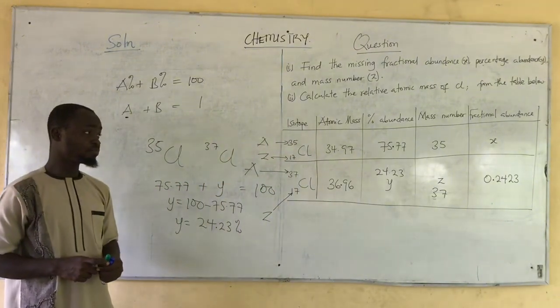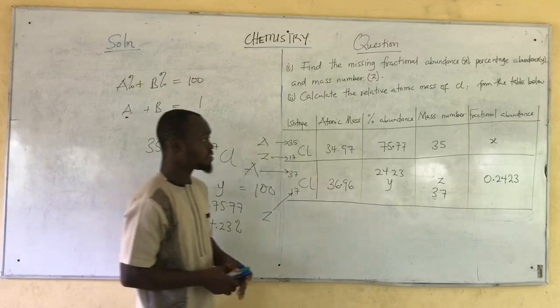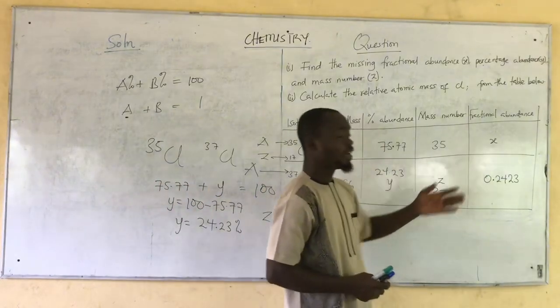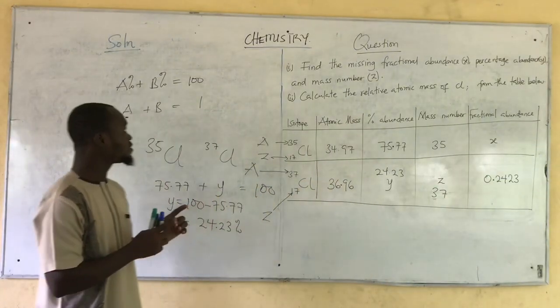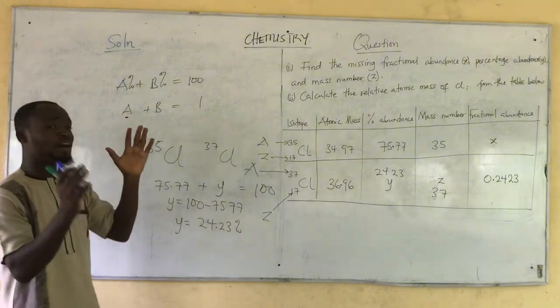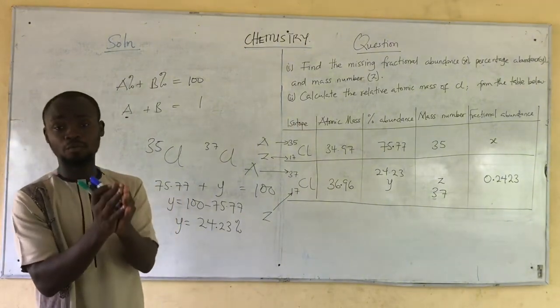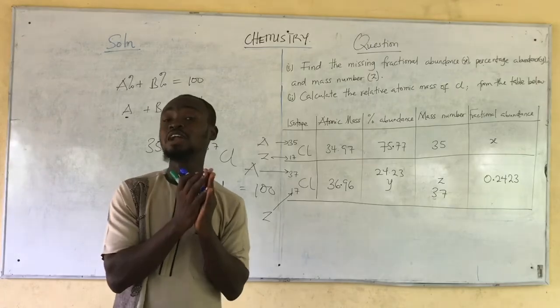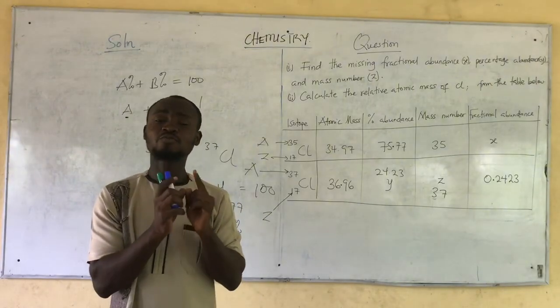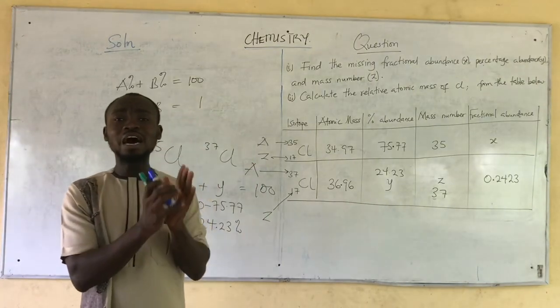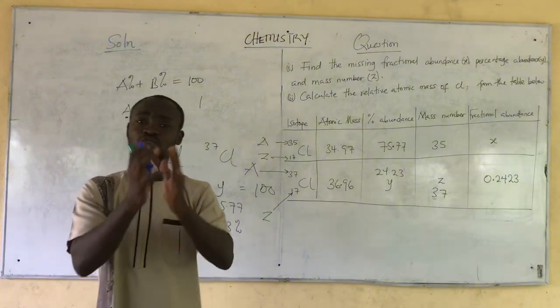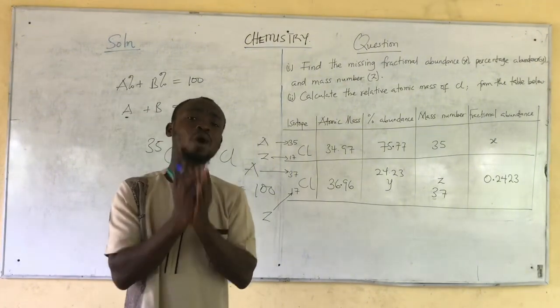Now the last one is to identify the fractional abundance. As I said, in percentage, if we add the abundances together, they can be two or more, and once you add them, it should be equal to 100. If it is fractional abundance, if you add the individual fractional abundances together, it should sum up to 1.